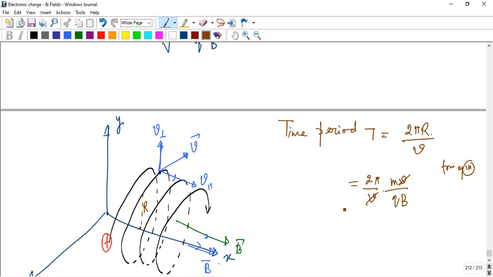So we get the time period T equal to 2 pi m by qB. That's the time period.